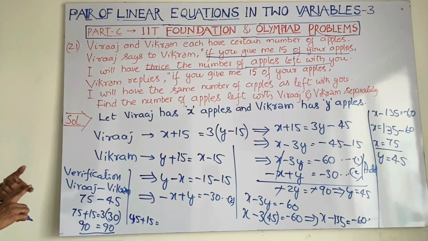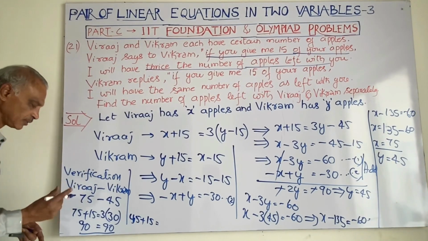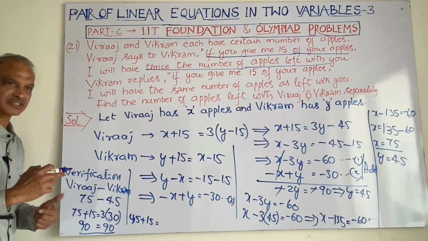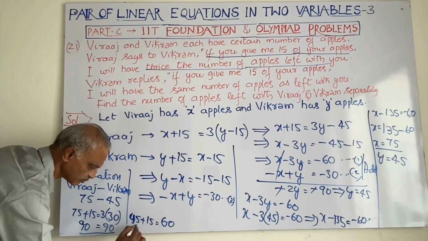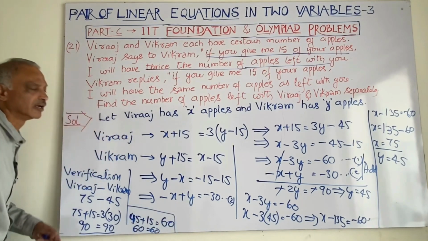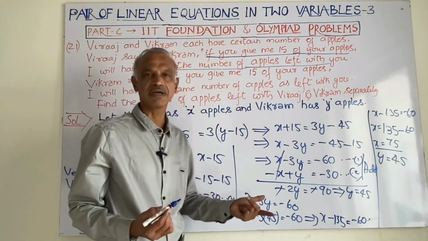Then what Vikram says, if you give me 15 of your apples, I will have the same number of apples left with you. How many apples left with Viraj? 75 minus 15, he is having 60. You see, 45 plus 15 also equal to 60. Like this, Viraj is having 75 apples and Vikram has 45 apples.